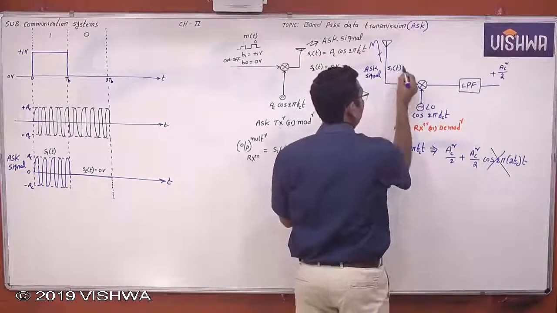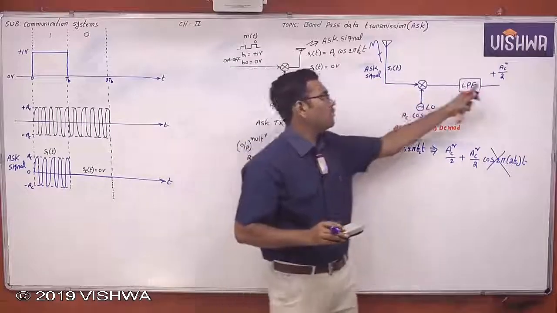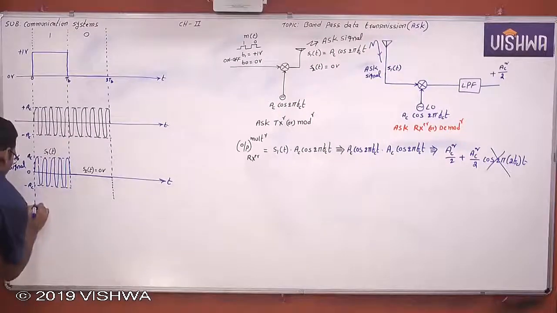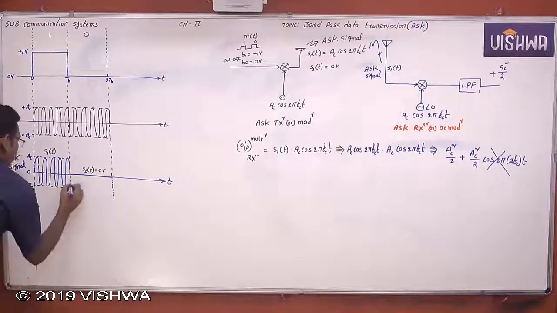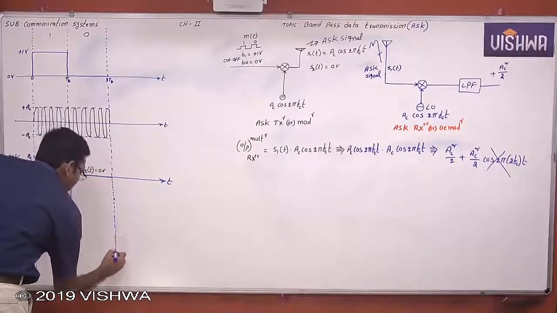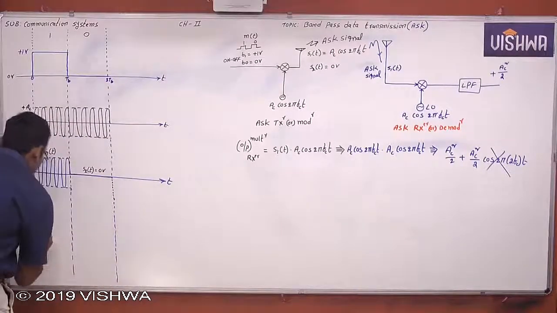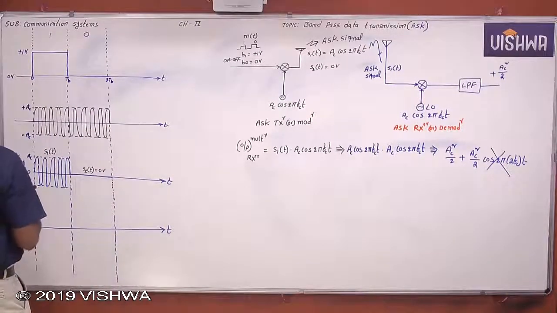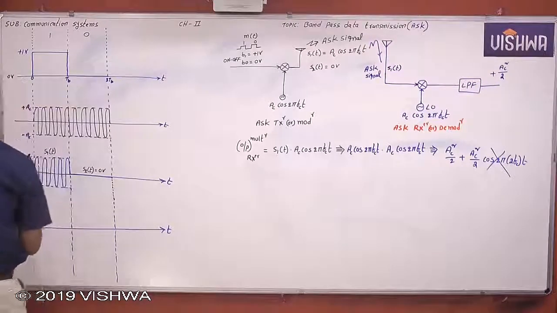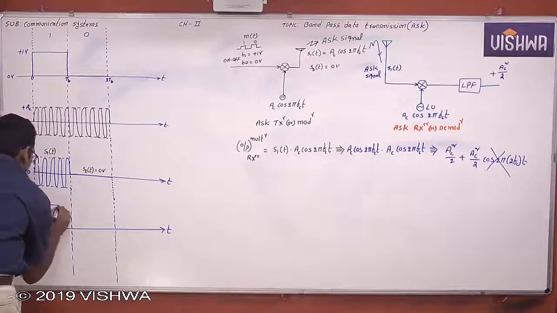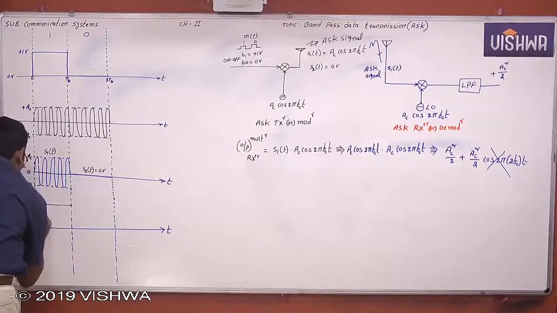For S1 of t as the input to the demodulator, the output of the demodulator is a positive voltage, plus AC square by 2.